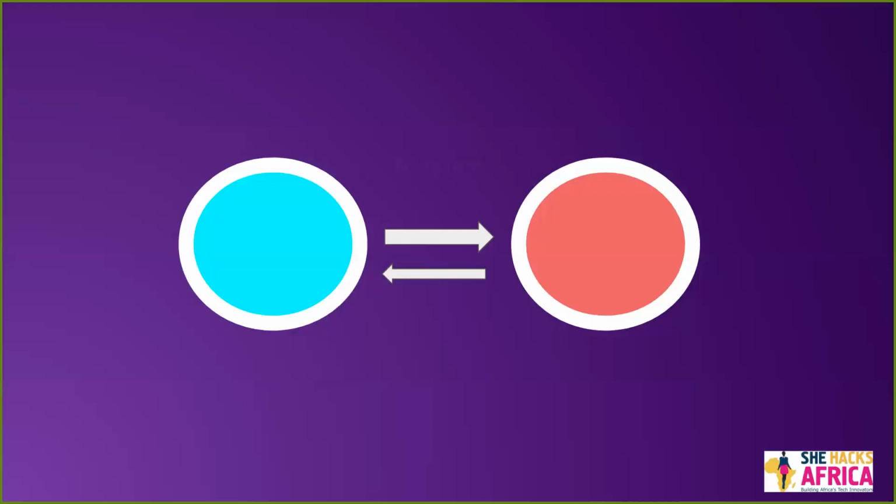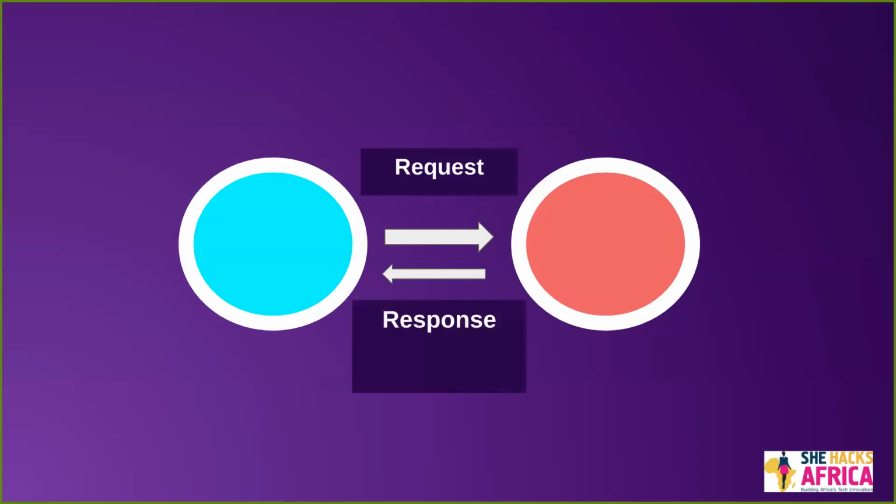Now, let's look at this again. Basically, the client sends a request, the server brings back a response, and that response comes back in the form of HTML. Can we see this analogy? It comes back in the form of HTML, and then the browser renders that HTML.